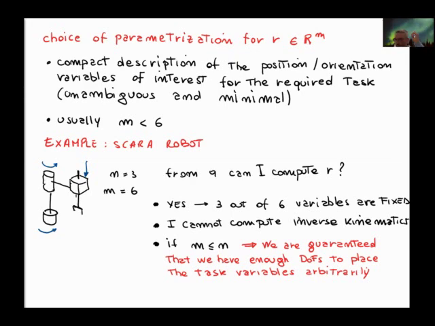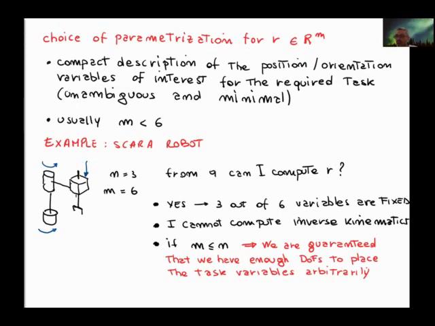And we can, a real SCARA robot has also an additional revolute joint at the end effector. So let's say we have a 4 degrees of freedom robot, or 3 in the slide, and I want to compute 6 variables because I want to compute the orientation corresponding to some joint configuration and the position of the end effector.